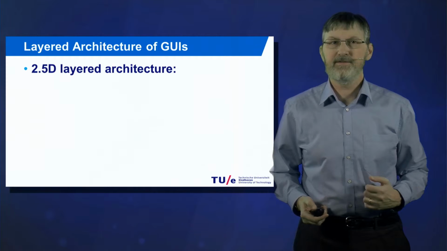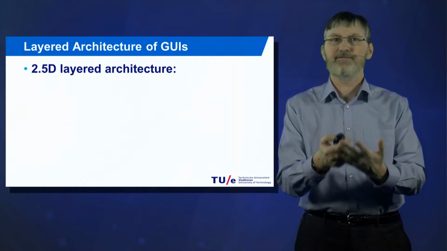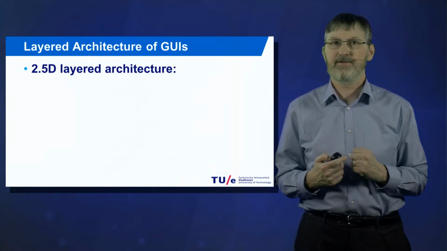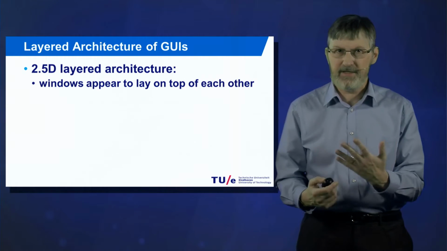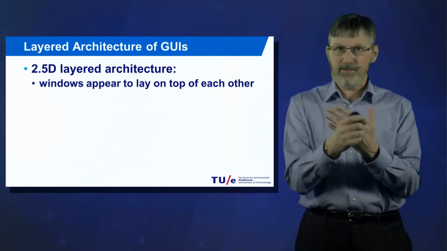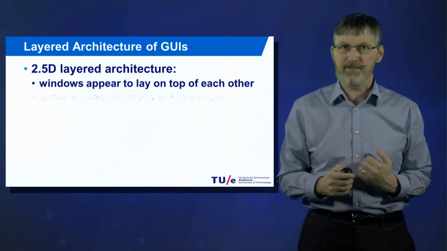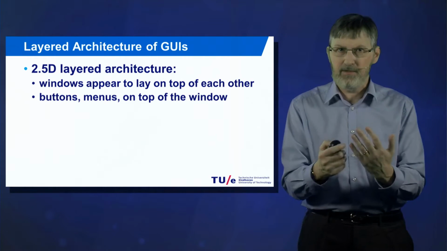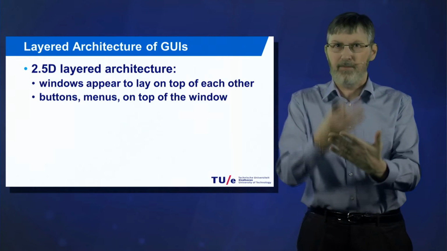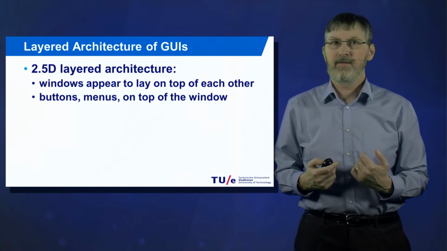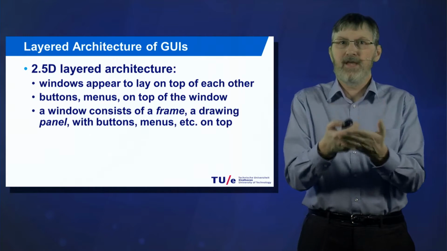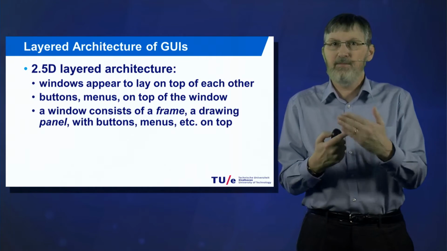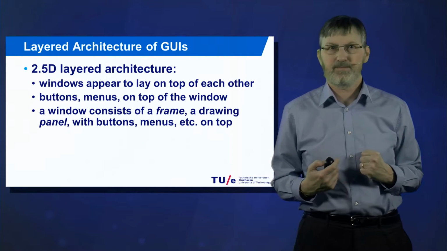We call this a 2.5D layered architecture. In the 2.5D, you do see that there is depth. Windows do lay on top of each other, and menus and buttons lay on top of the window. But there is no real depth. You can't say how much deeper something is.